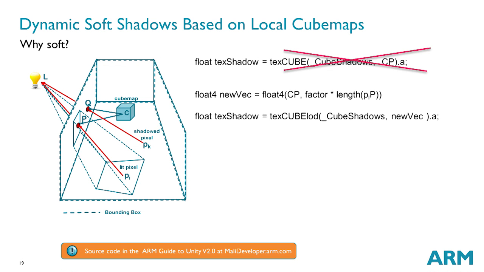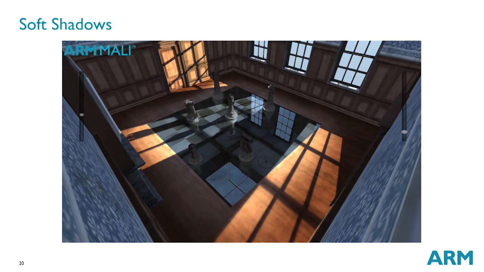As you know, we need to use in this case the fetching function textureCubeLOD, where the second parameter we pass is a four-component vector, and in the fourth component we just pass a value which is proportional to that distance. What we did is expose that factor, in such a way that the artist can just control how much softness the shadows have. And this is what we get.